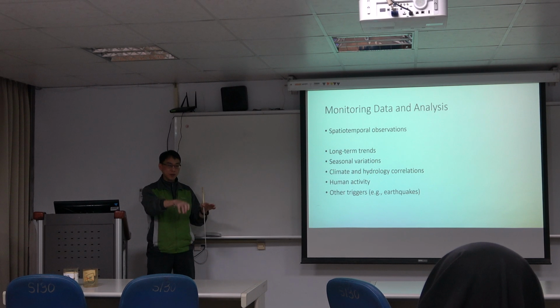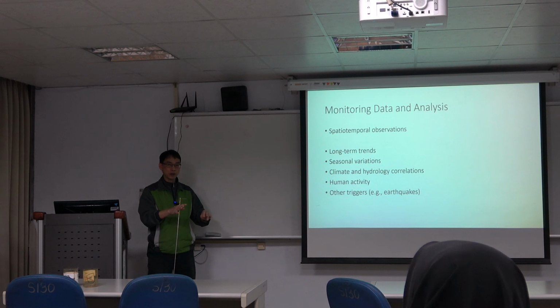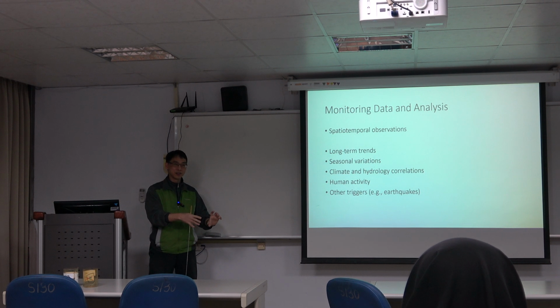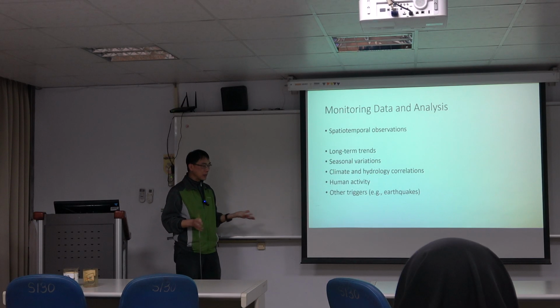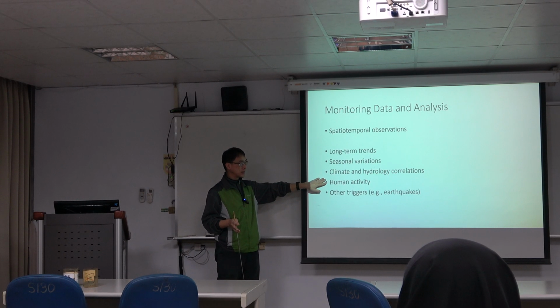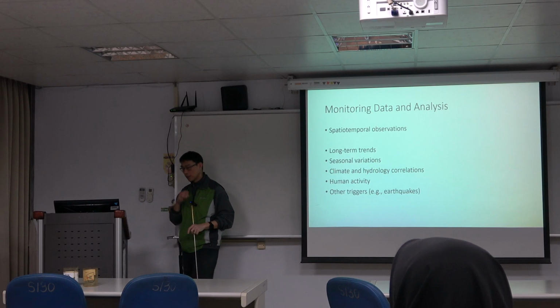But if you have nearby pumping, it largely affects your observation, so your observation becomes useless for the natural conditions. But it can reflect human activity, which could be okay. So it depends on your purpose. If you would like to assess the natural variations, then you need to avoid human activities.